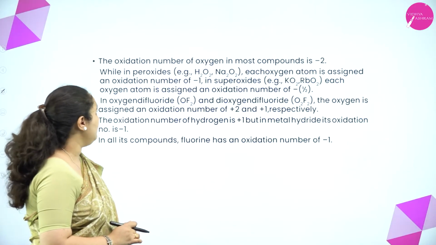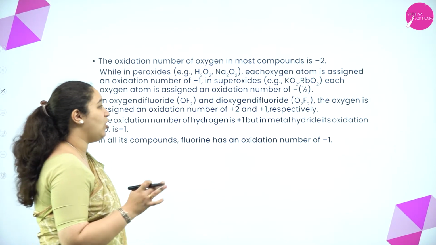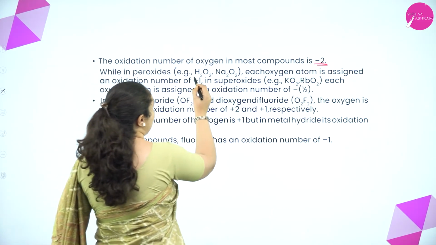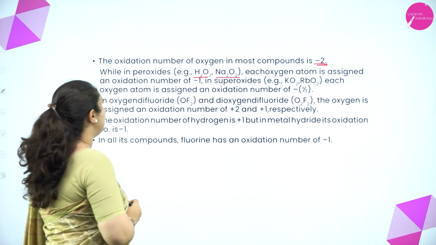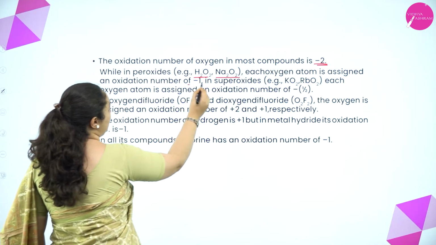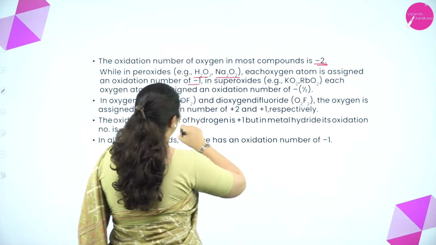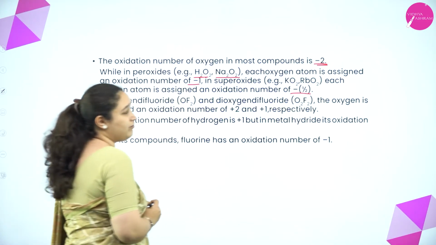Next, the oxidation number of oxygen in most compounds is -2, while in peroxides like H2O2, Na2O2, each oxygen atom is assigned the oxidation number -1, and in superoxides like KO2, RbO2, each oxygen atom is assigned the oxidation number -0.5.